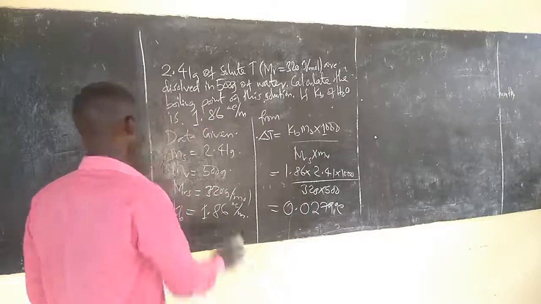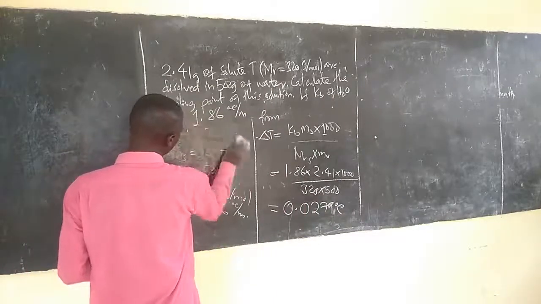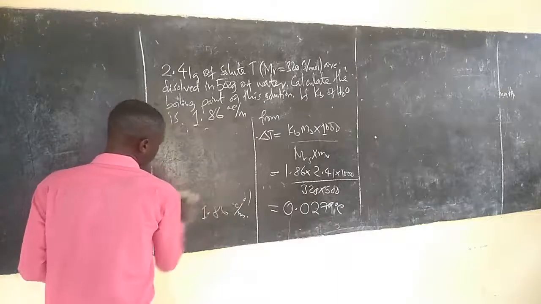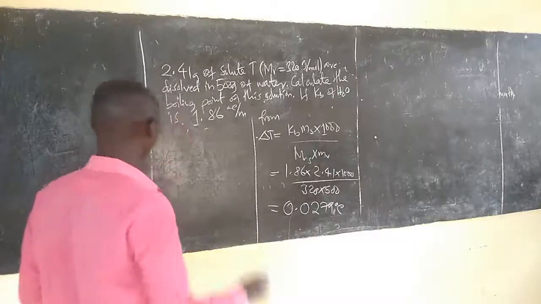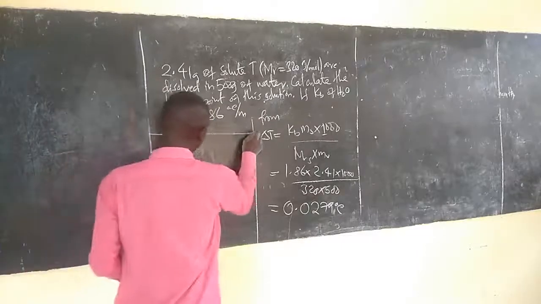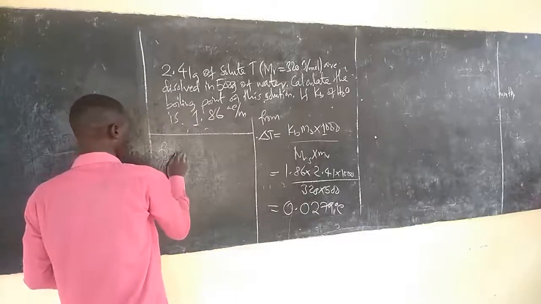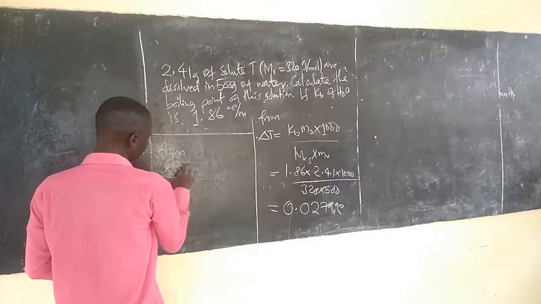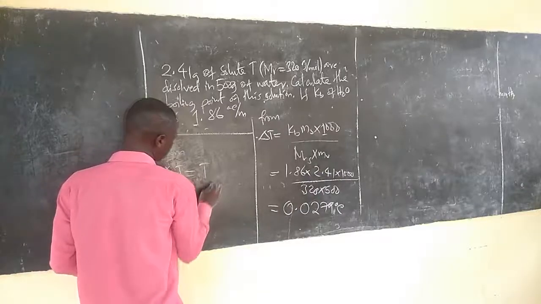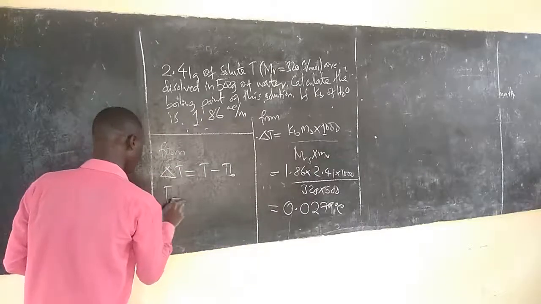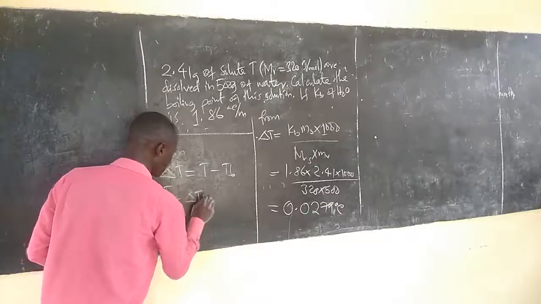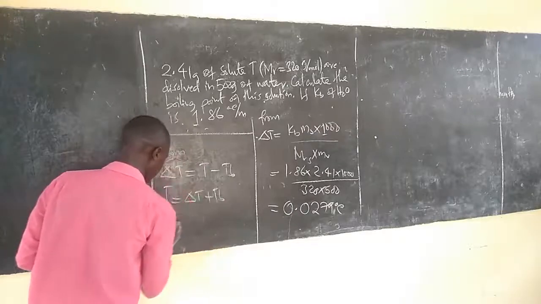Remember, we know the boiling point of water is 100 degrees Celsius. So we'll say from change in temperature is equal to T minus Tb. Then T will be equal to change in temperature plus Tb.